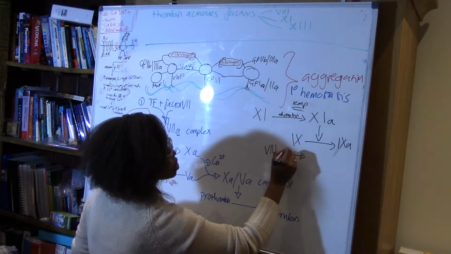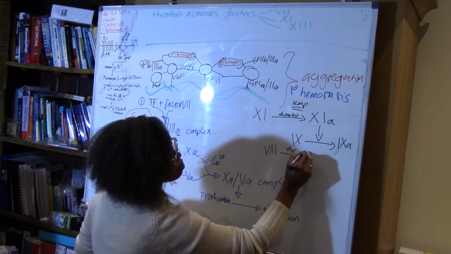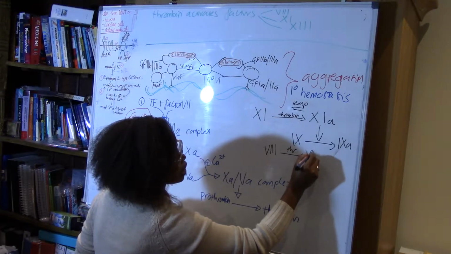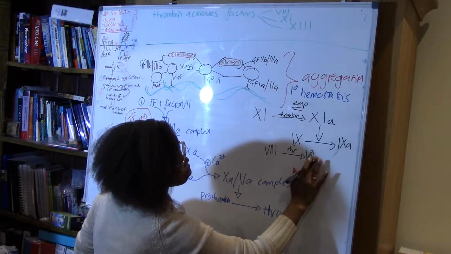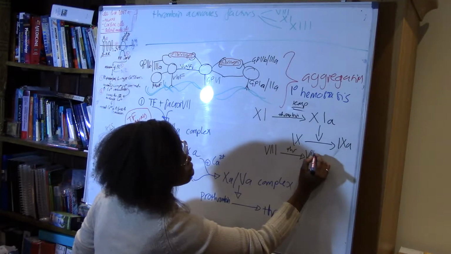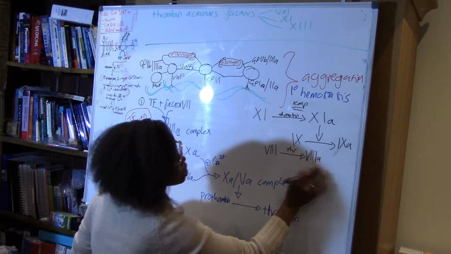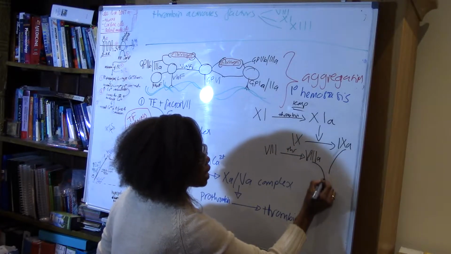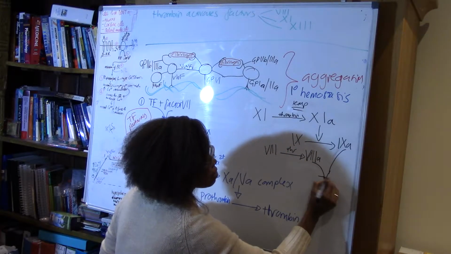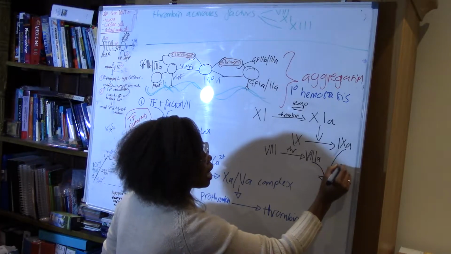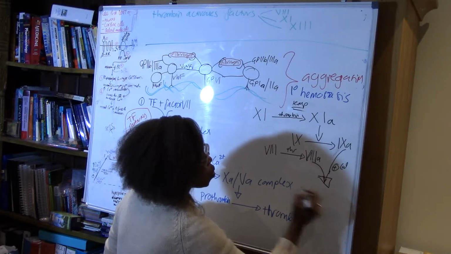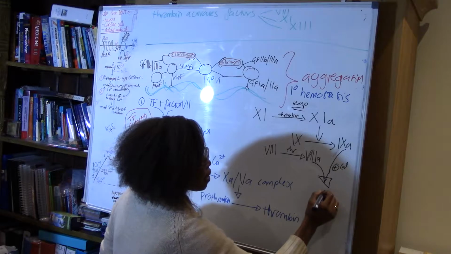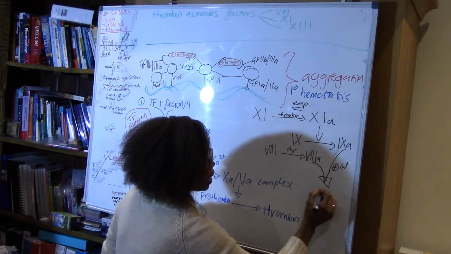So again, this is thrombin into factor 8 into activated, oh gosh, not 7, definitely not 7. 7 is part of the tissue factor. And then the activated factor 9 and factor 8, under calcium, will activate factor 10.